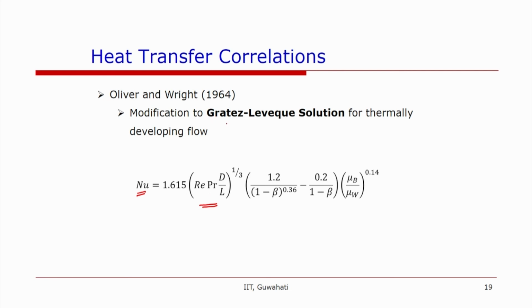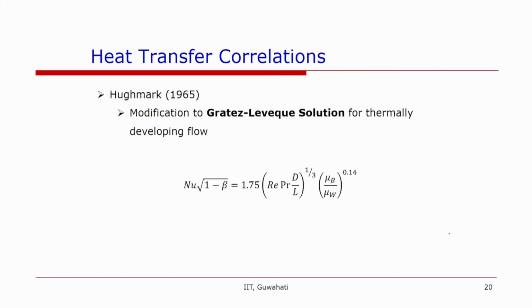What they have done is modify the Graetz-Leveque solution, which is for thermally developing flow, and in this solution they have included the effect of bulk viscosity. It is like the equation for single phase turbulent fully developed flow, and then they have introduced the effect of homogeneous void fraction in terms of beta.